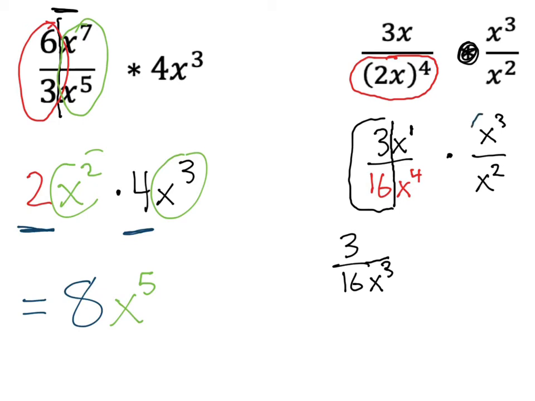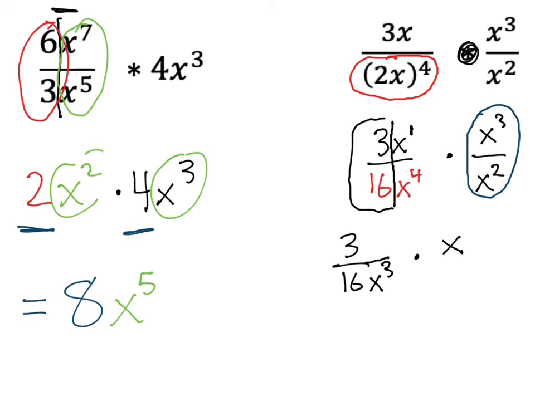Now looking at this fraction, we have x to the third divided by x squared is just x, and that x is in the numerator, because the exponent on the numerator was bigger than the denominator. So now we have to multiply this fraction 3 over 16x to the third times x.